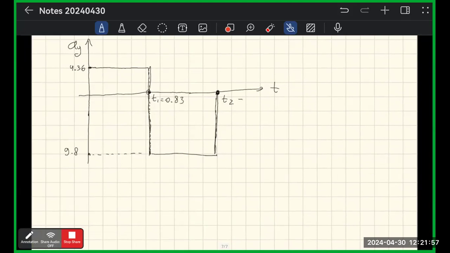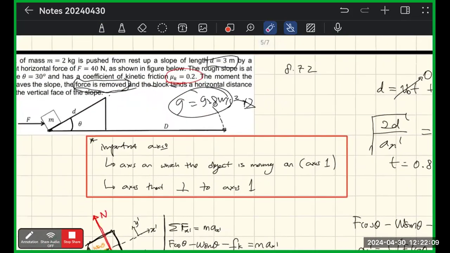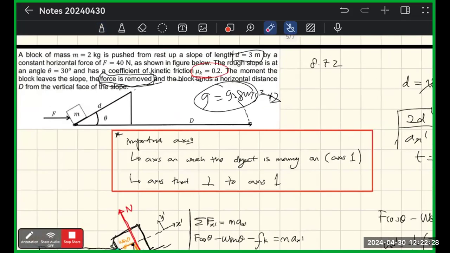So t1 is 0.83, and t2 is the time that it takes for this block to fall onto the ground. Now, because at this point the mass m will already have acquired a velocity, you have to consider that velocity. First we have to find the velocity from the previous phenomenon.